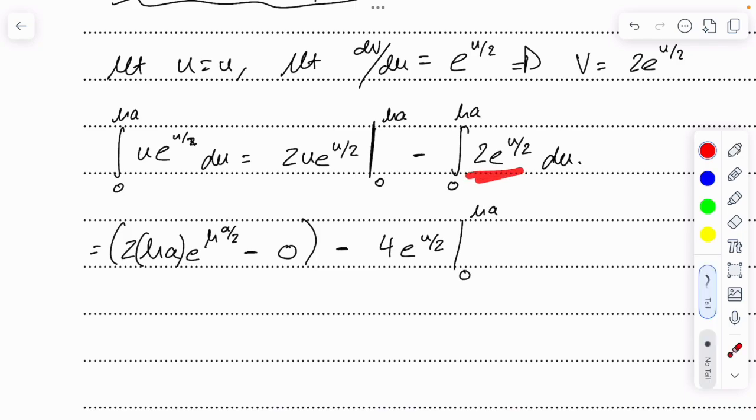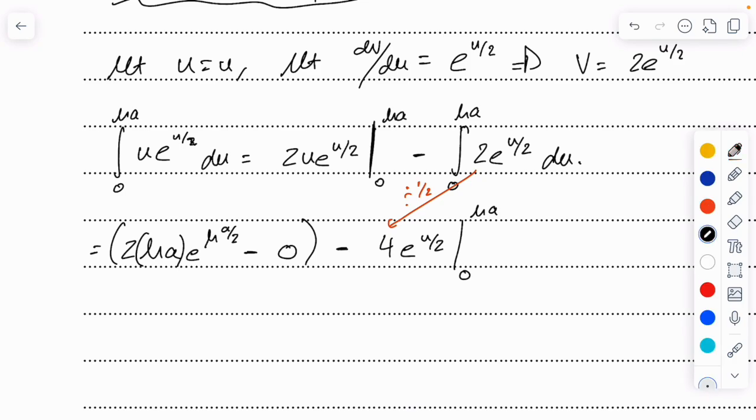So you integrate this. It's 2e^(u/2) divided by half. Okay, so you get the 4 there. Cool.